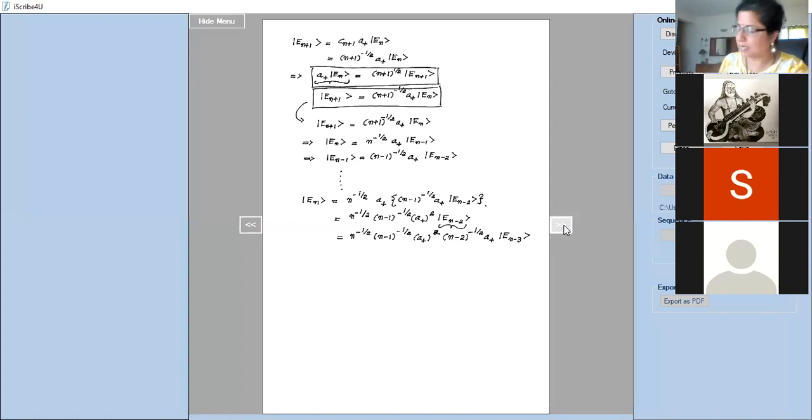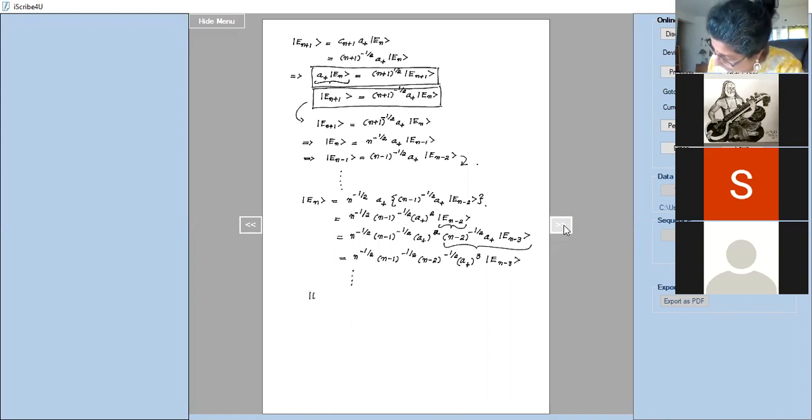Correct? I can keep writing it like this. This is like a continuation of this, the next step. So I'll get n power minus half, n minus 1 power minus half, n minus 2 power minus half, then A plus applied 3 times on En minus 3. I can keep going like this.